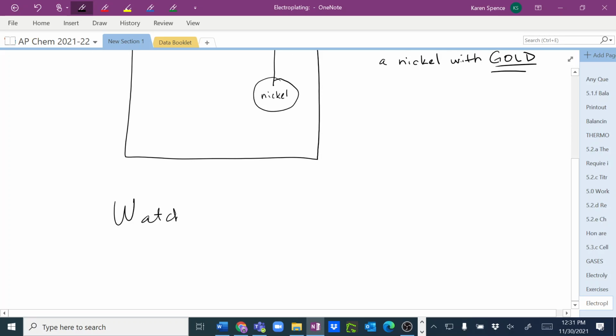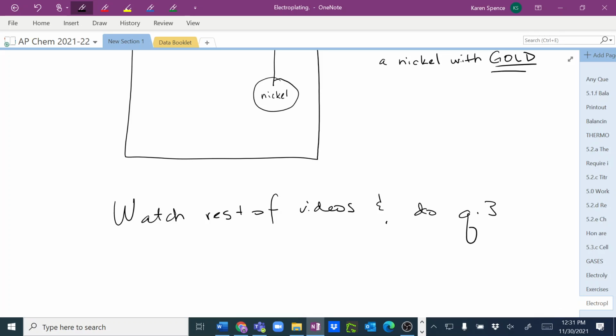When the electrons went into the other metal, the nickel, why wouldn't the nickel just become negative ions?